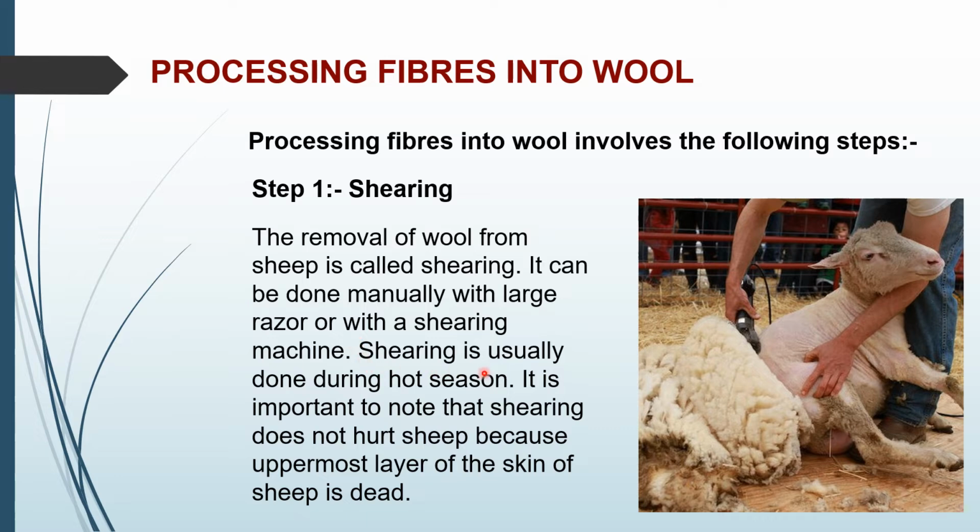Shearing is usually done during the hot season. Why? Because in the winter season the sheep need that wool, since wool gives protection from cold. So shearing is done only in the hot season. It is important to note that shearing does not hurt or harm the sheep, because the uppermost layer of the skin of the sheep is dead.